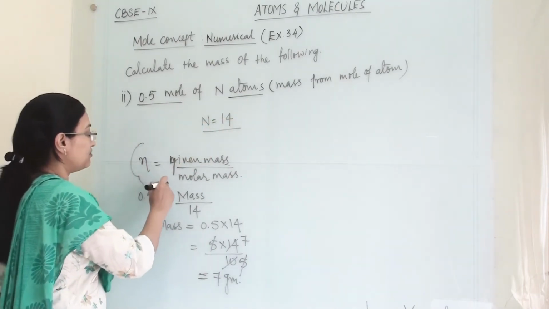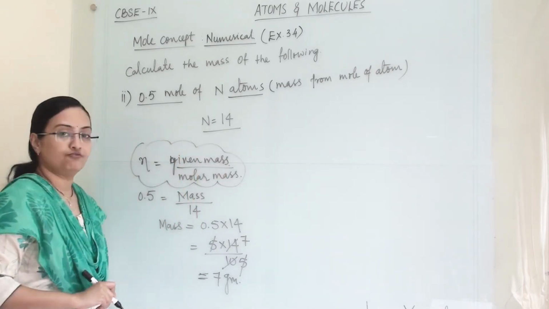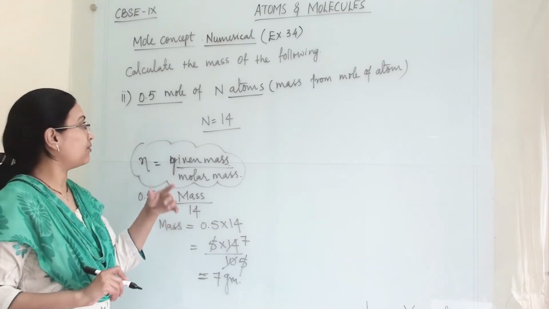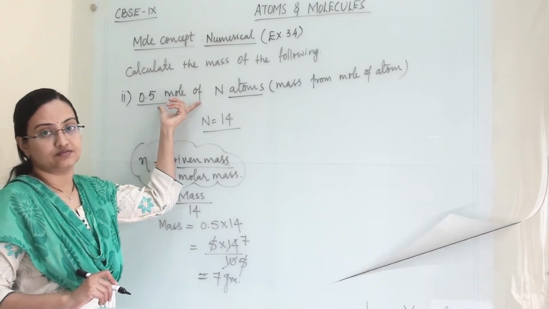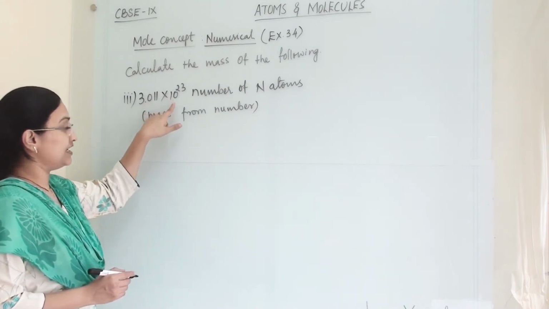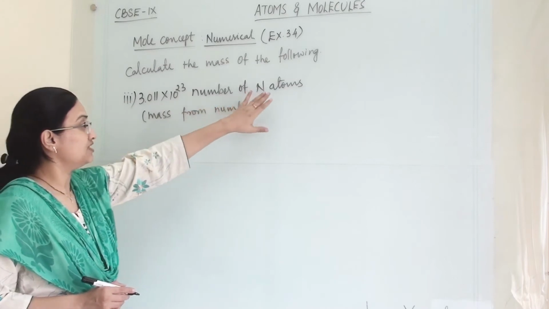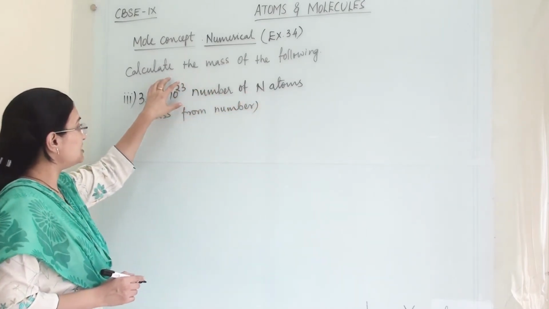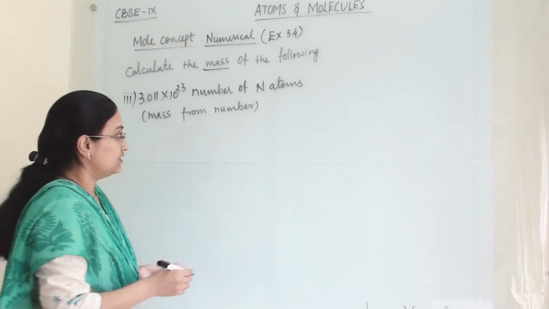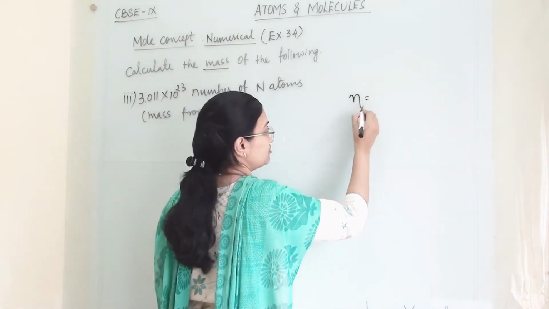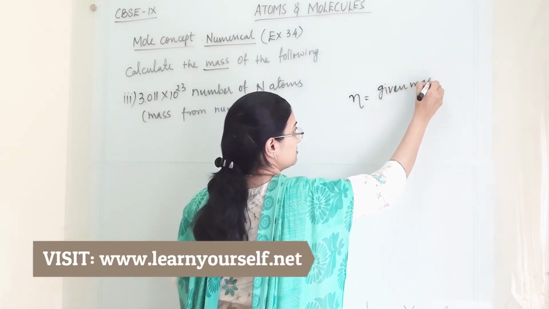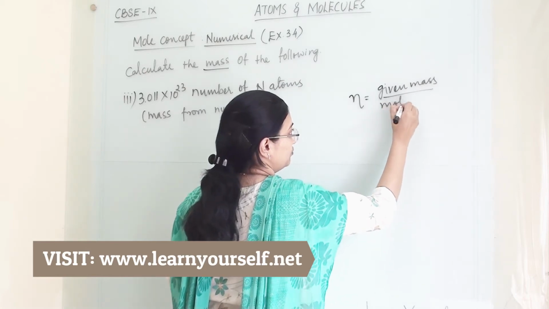Only thing we have to remember is this formula, and we should know how we can reframe it according to the given details. Our third question is 3.011 into 10 raised to 23 number of nitrogen atoms. Now from this detail we have to find out the mass of the substance. Now what is the formula for mass of the substance? n equals given mass divided by molar mass.